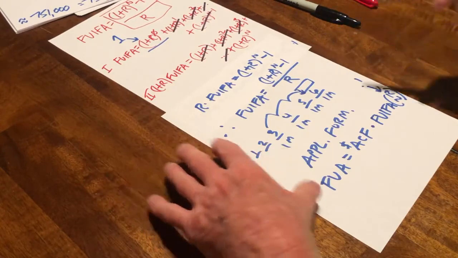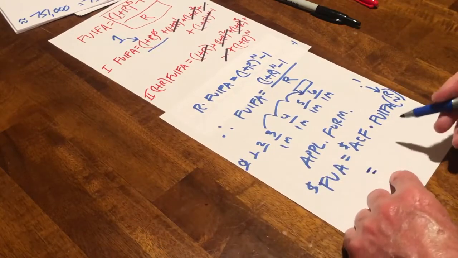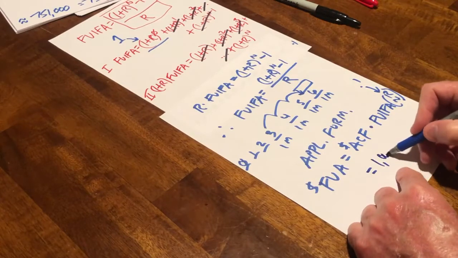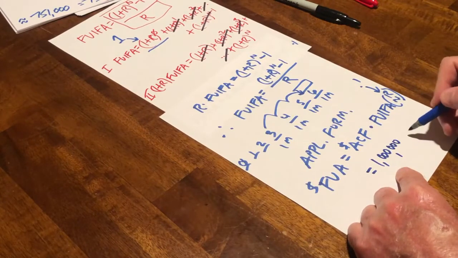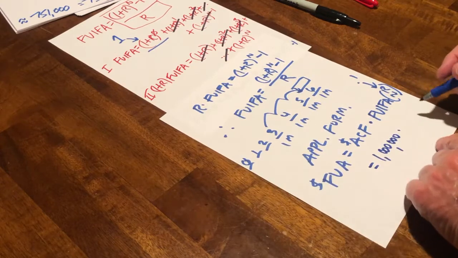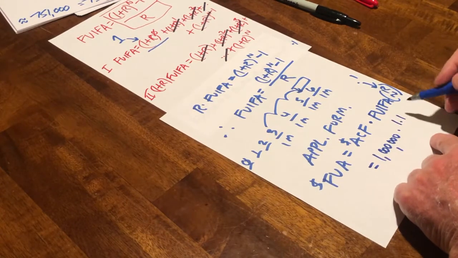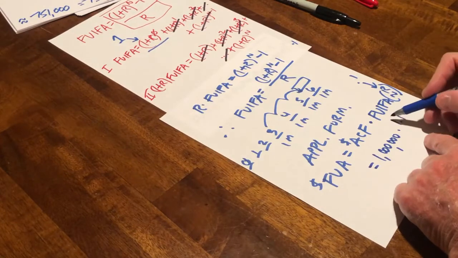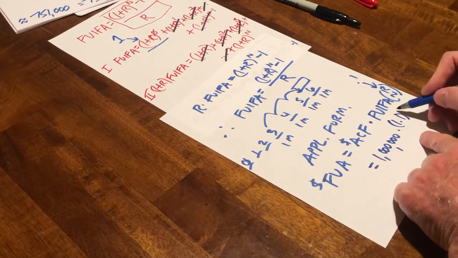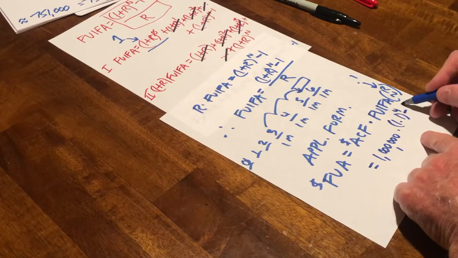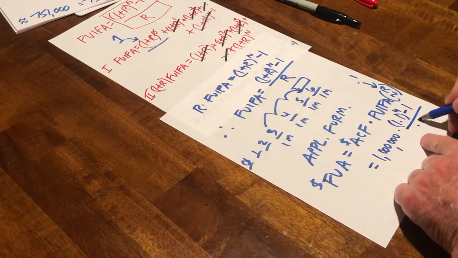Okay, so in this example, the annuity cash flow value is $1 million. And the FVIFA is going to be 1 plus R, or 1.1, to the nth power, N being the number of cash flows in the annuity 4, minus 1 all over 0.1.